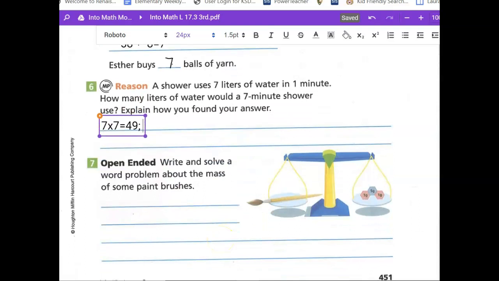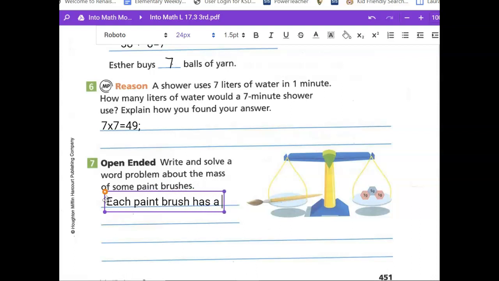Write and solve a word problem about math and some paint brushes. Well, here's one that could be an example, and you can write your own. Each paint brush has a mass of 7 grams.